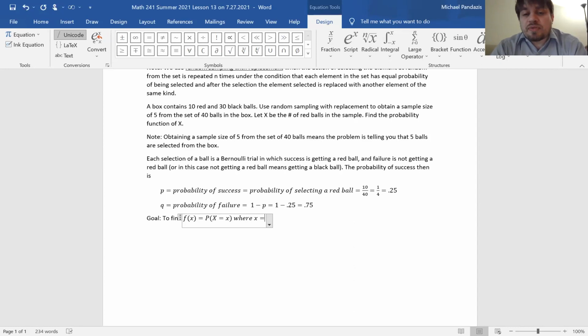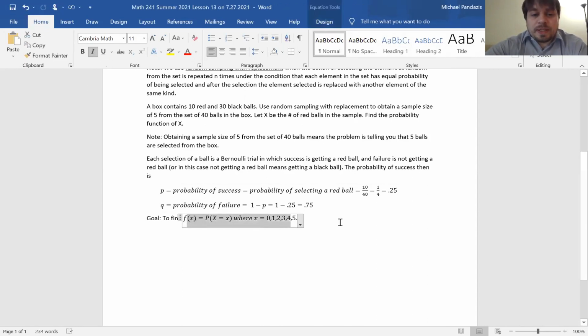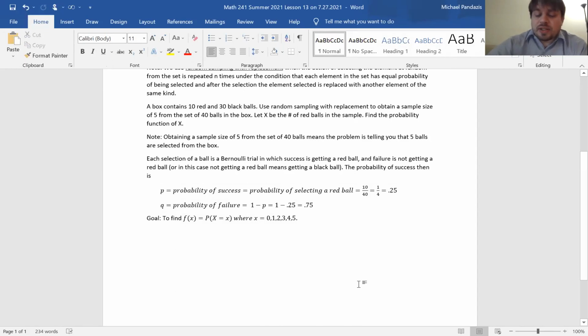X is the number of red balls in the sample. You choose 5 balls from the box, so the number of red balls is either 0, 1, 2, 3, 4, or 5, since there are a total of 10 red, so you could choose 5 red. So the possible values of x are 0, 1, 2, 3, 4, or 5. That's the goal, so let's do it.